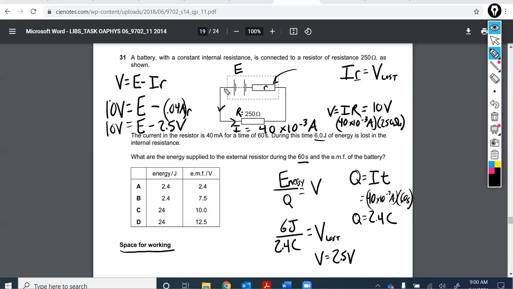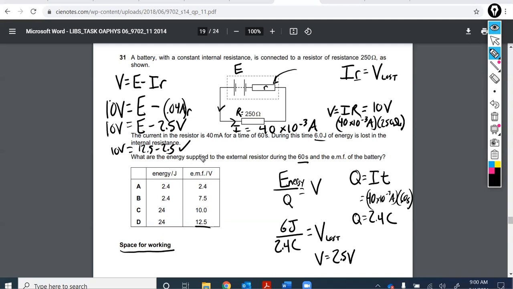There's 10 volts available to the external resistor to drop, but how many volts were there to begin with? Well, 12.5 minus 2.5 would be 10, and that is an answer right there, the EMF. Okay, so we get 12.5 minus 2.5 equals 10 volts. So that checks out. That gives us an EMF of 12.5.